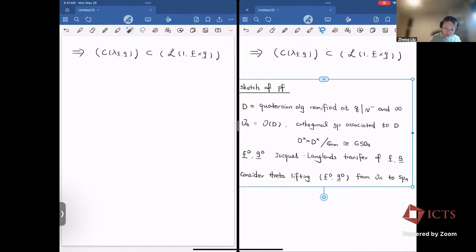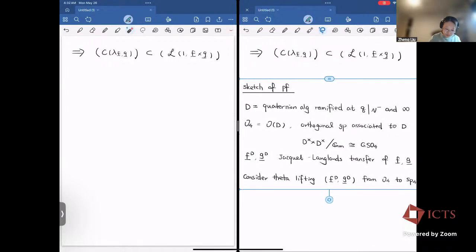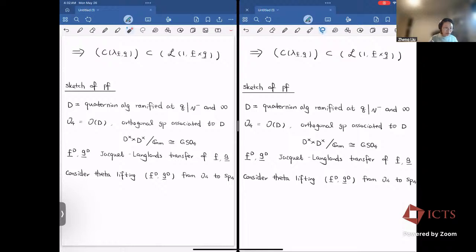So for the proof, first we're going to try to construct this family theta f g as a family of automorphic forms. And so we need to recall some theta correspondence here.